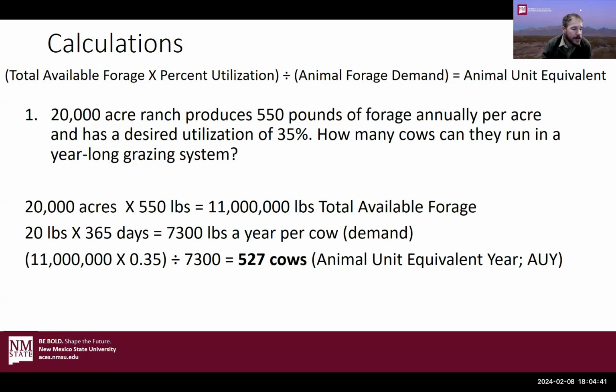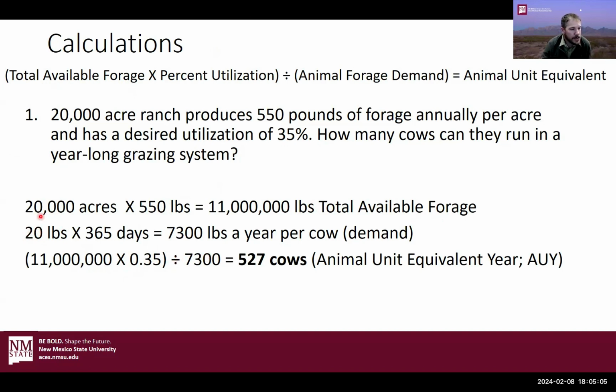How did we do that? 20,000 acres times 550 pounds gives us 11 million pounds of total available forage. We plug that into the equation, times 35% utilization, divided by how much a cow can eat.